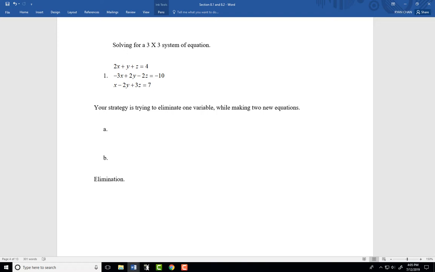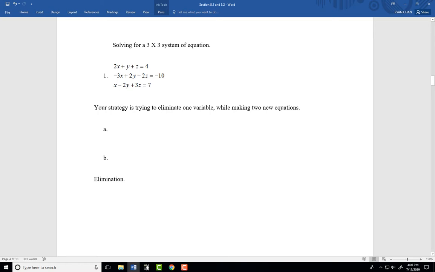When you're solving a 3 by 3, I don't really care which way you use as long as you show your work. Okay, so I'm going to do what's called solving by elimination.